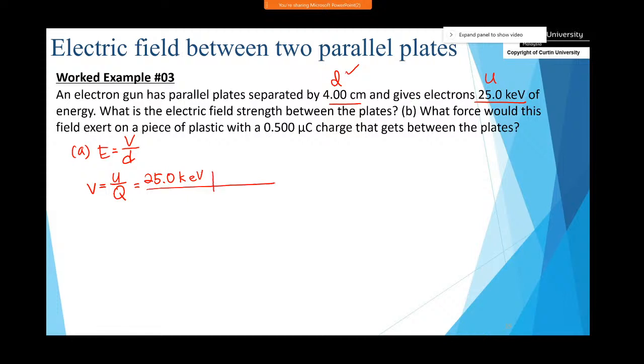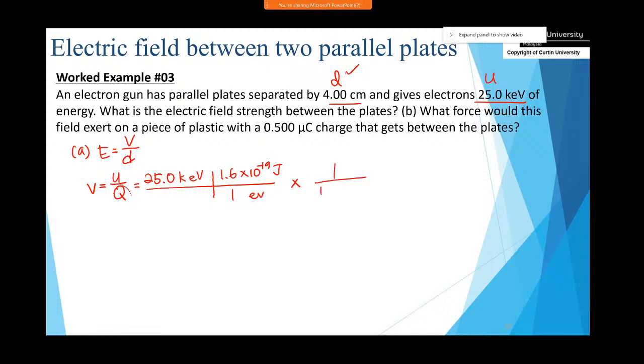Convert to SI unit, which is joule. So 1 electron volt equals 1.6 times 10 to the power of negative 19 joule. Divide by charge, so 1 electron.